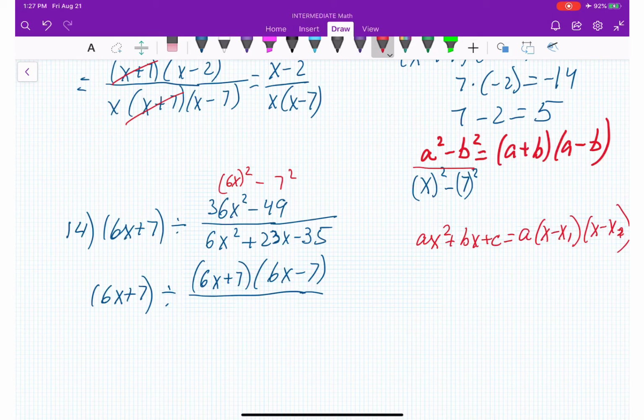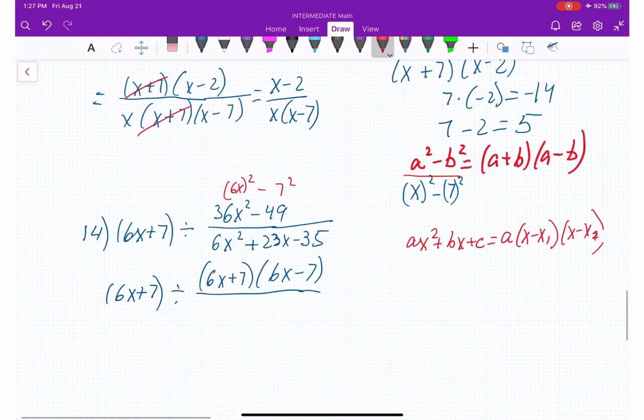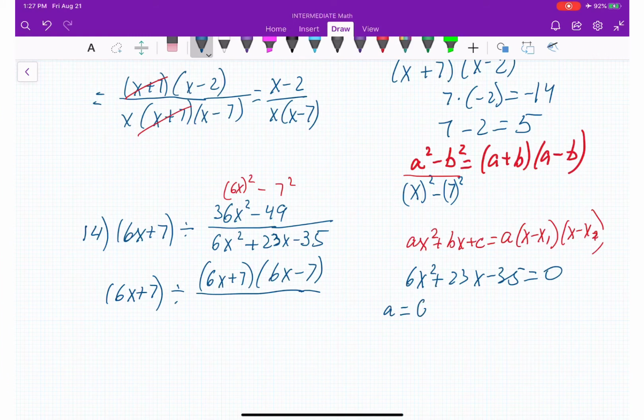Okay, so the result is going to be, let's see, we need to represent 6x squared plus 23x minus 35. a is equal to 6, b is equal to 23, c is equal to negative 35.